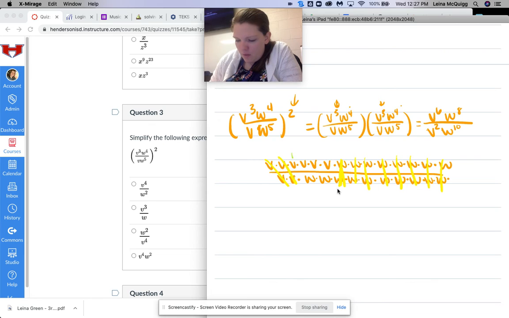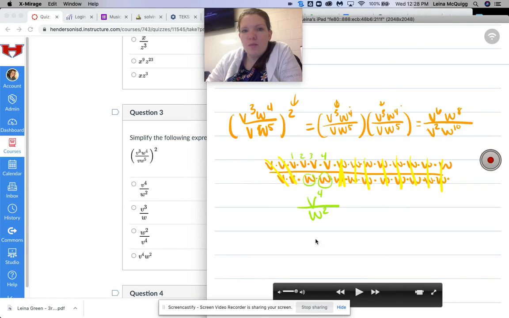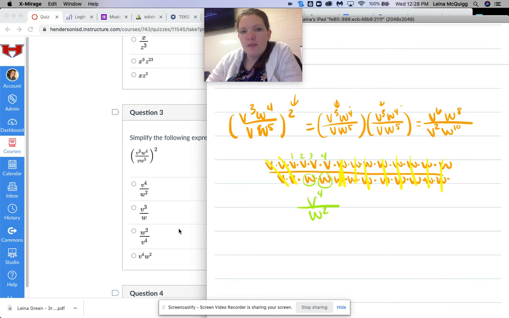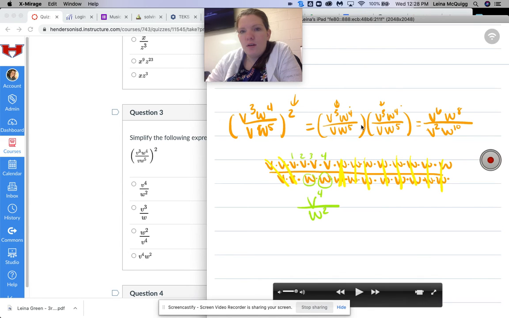I have 1, 2, 3, 4 v's on the top and 1, 2 w's on the bottom. Okay? So this answer would be v to the 4 over w squared. So be really careful. Don't choose this answer. You have those 2 w's left, but they're in the denominator, okay? So don't bring them to the numerator. Keep them where they're at.